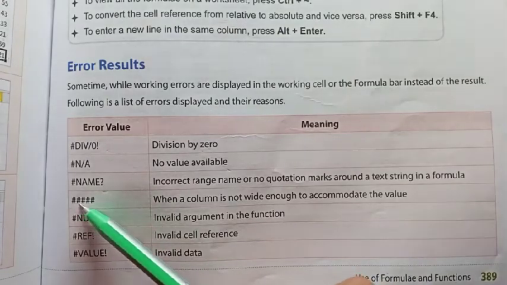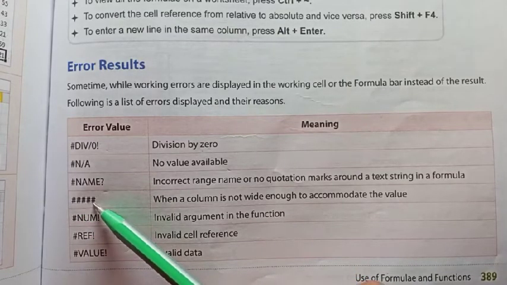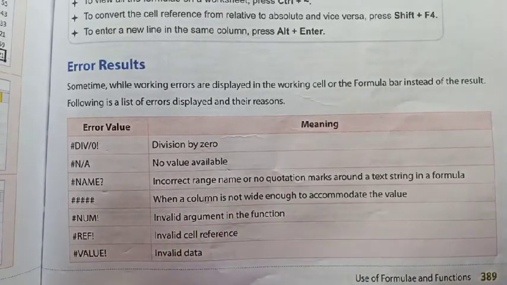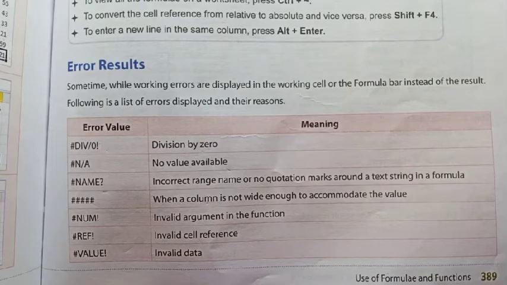And if we get so many hashes in the column, that means the column is too narrow to show all the values. The values cannot be shown because the width of the column is not enough. So you can drag and increase the width of the column and the values will be visible.